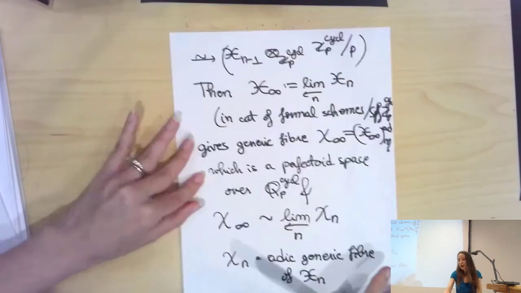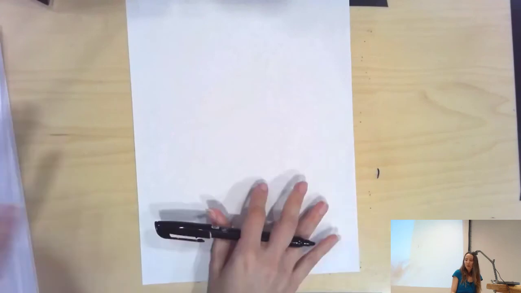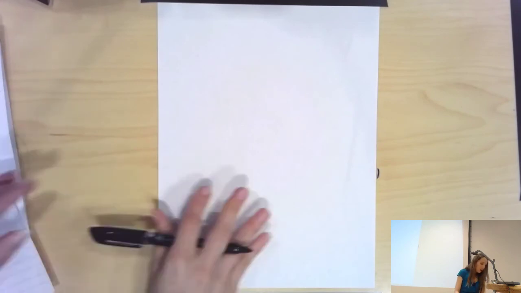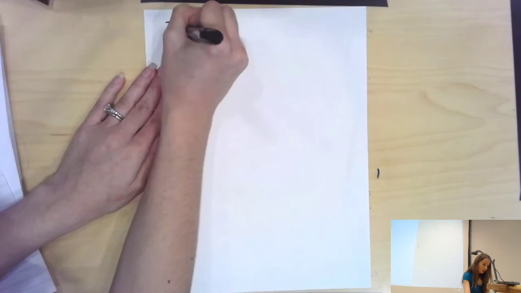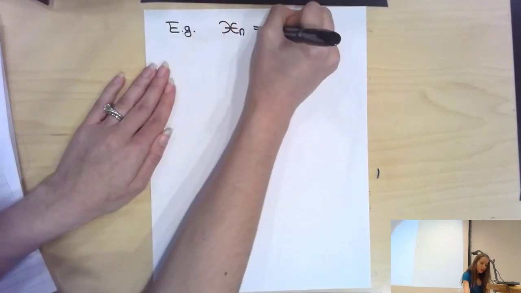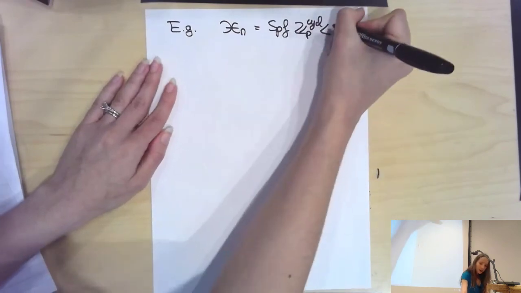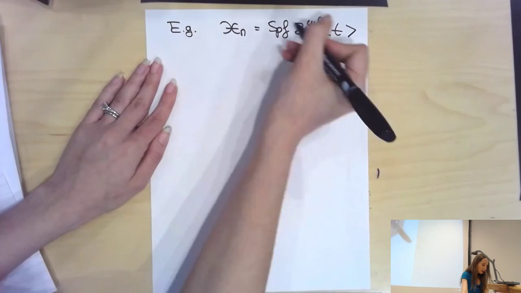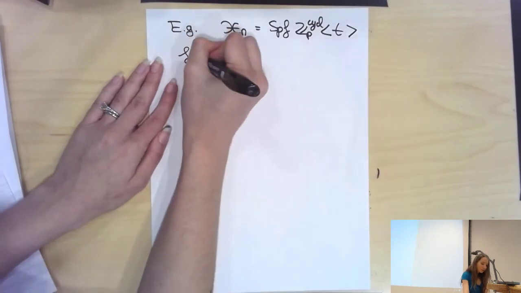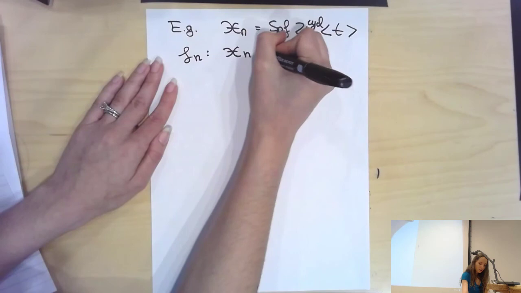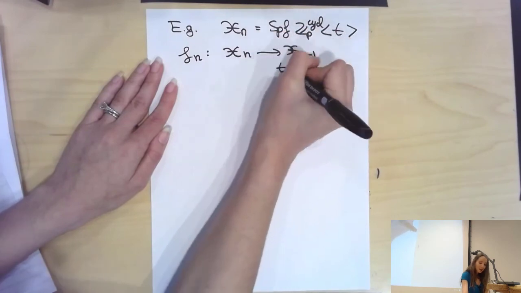And so a concrete example of this situation, where you start out with affines, is the following. You've seen it, but maybe this is a bit much, so it doesn't hurt to see it again. You take each X_n to be just this algebra in one variable. So all the X_n's agree, and the transition maps just correspond to sending t to t to the p.